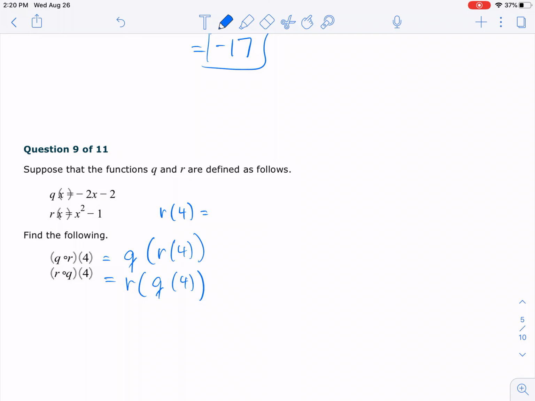So R of 4 gives me 4 squared minus 1, which is 15. So instead of writing Q of R of 4, I'm going to write Q of 15. And then we evaluate. So it's going to be negative 2 times 15 minus 2, which is negative 30 minus 2 is negative 32.